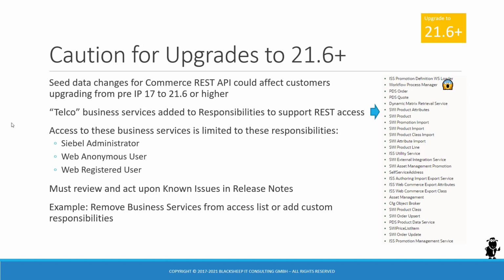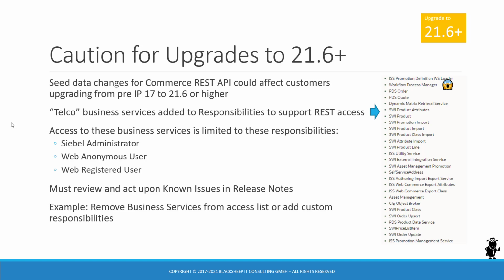I didn't have time to test that, but those will only include vanilla responsibilities. The release notes list Siebel administrator, web anonymous user, and web registered user. So if you limit, for example, access to the Workflow Process Manager business service to only users who have one of these three responsibilities, then boom, yeah, you have a problem.